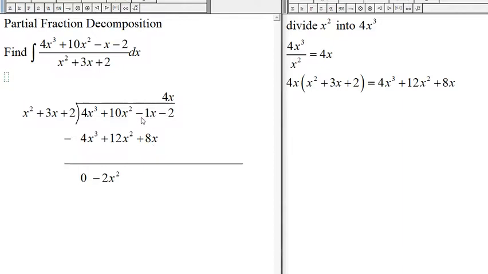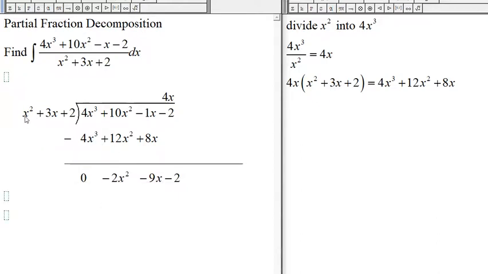So negative 1 minus 8 is negative 9. And then bring the rest of the terms down, and then repeat the process all over again.